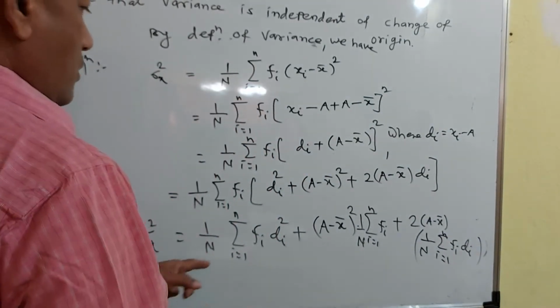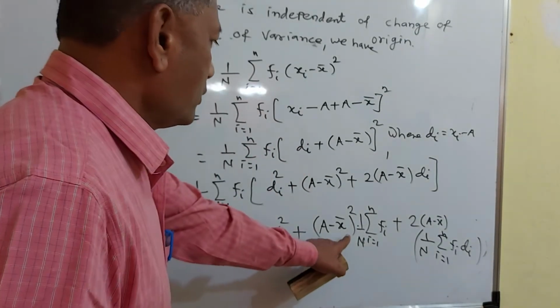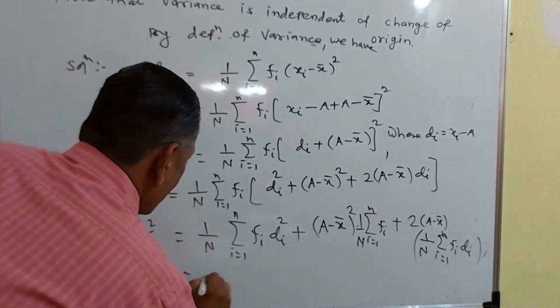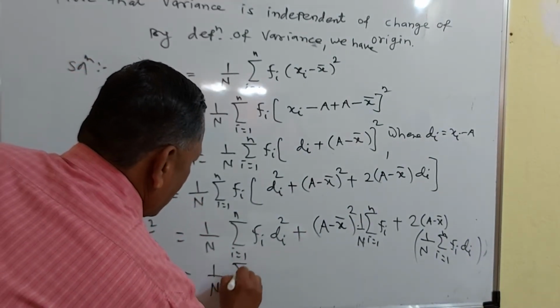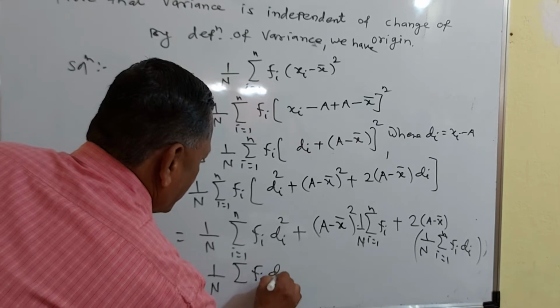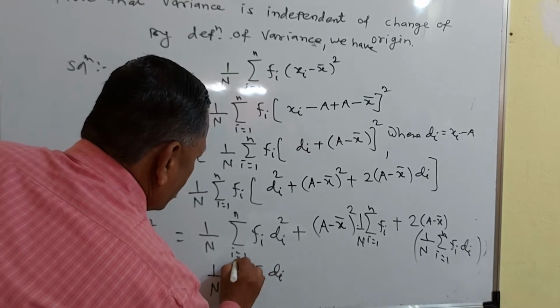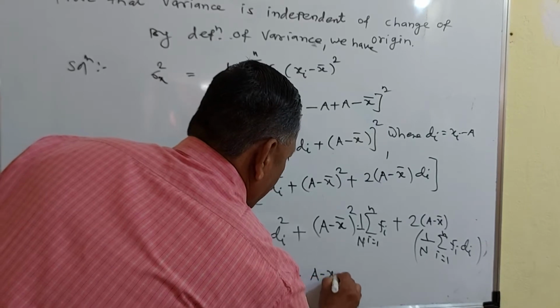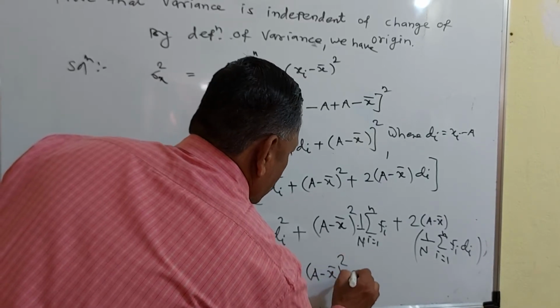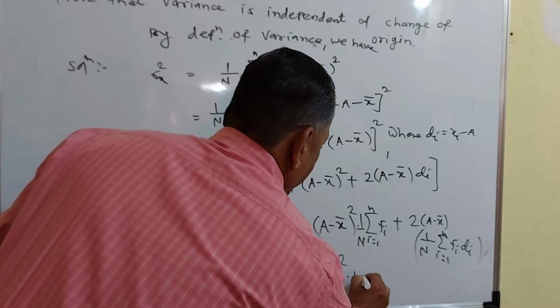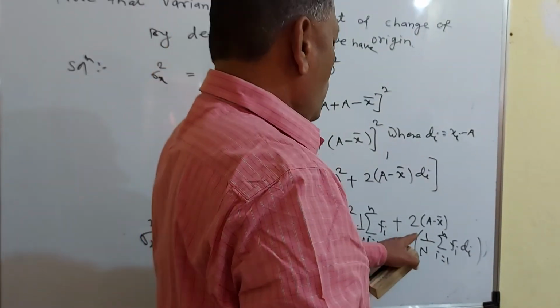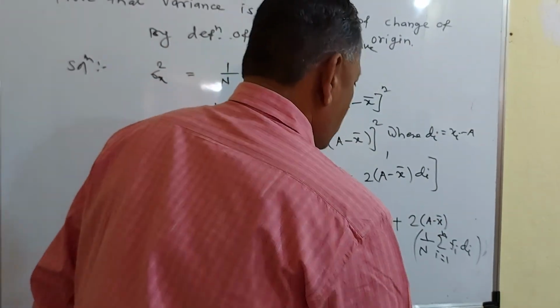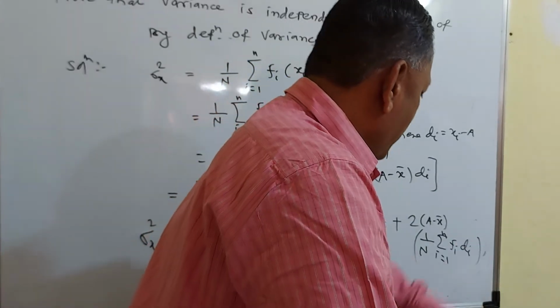So this is 1 upon n summation of fi into di, i going from 1 to n, plus a minus x bar square into 1, then plus 2 into a minus x bar, which is constant, and 1 upon n summation of fi di.